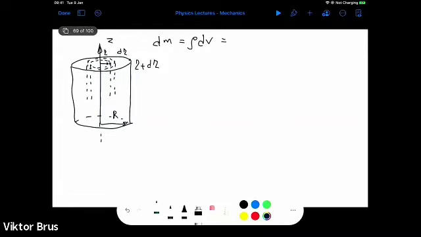In order to get the elementary volume in terms of dr, we need to calculate the area of the side walls of the internal small cylinder, and then multiply this area by dr. This will give us the elementary volume in between these two cylinders.